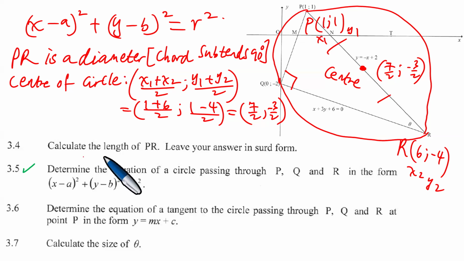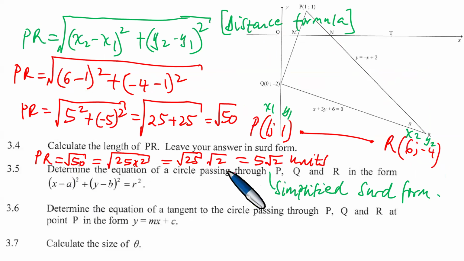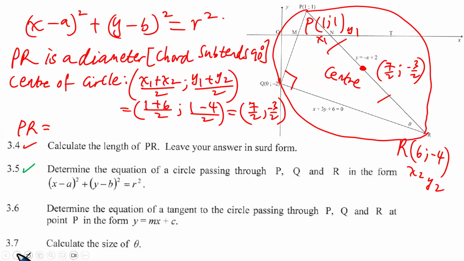Awesome. The examiner just wanted to give that to us. PR was found in the previous question, in simplified surd form, to be 5 root 2 units.